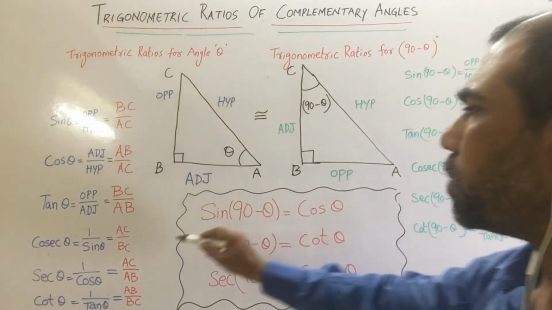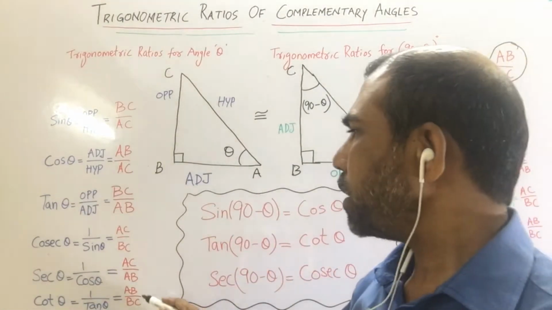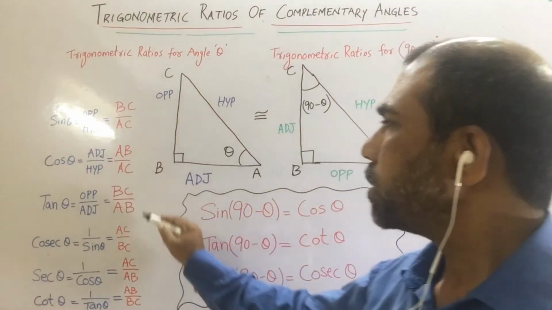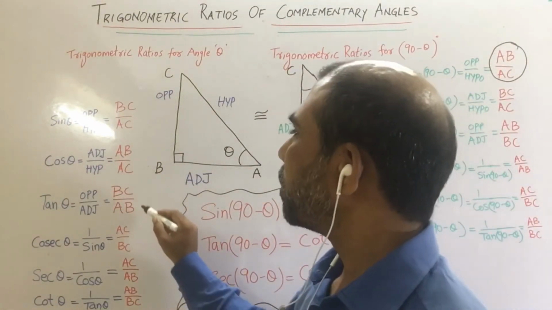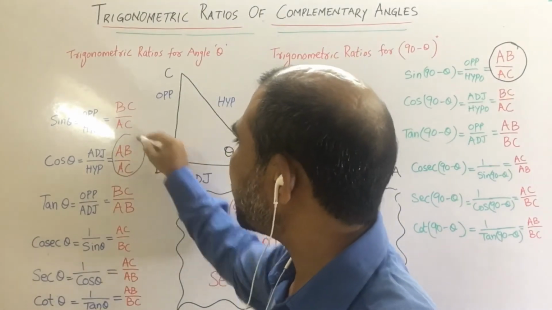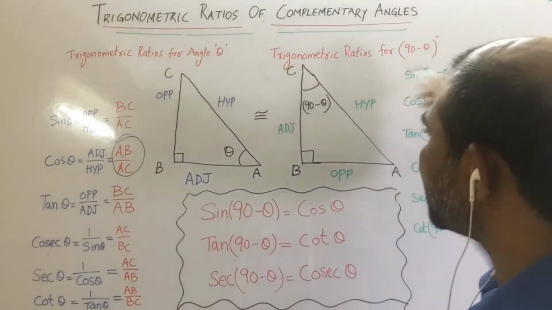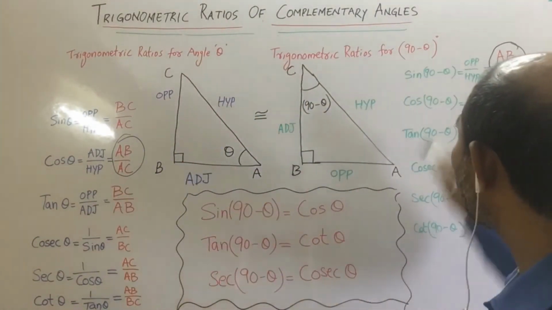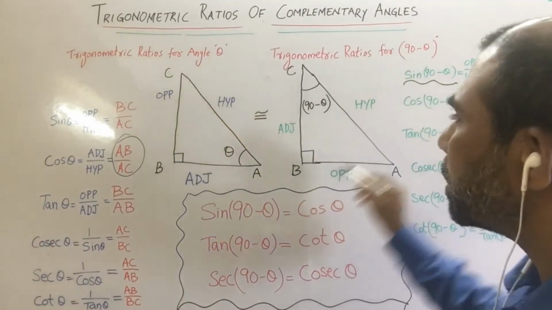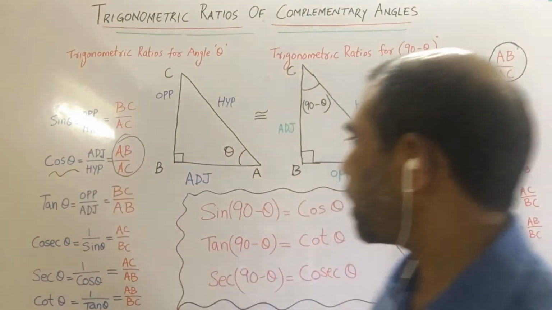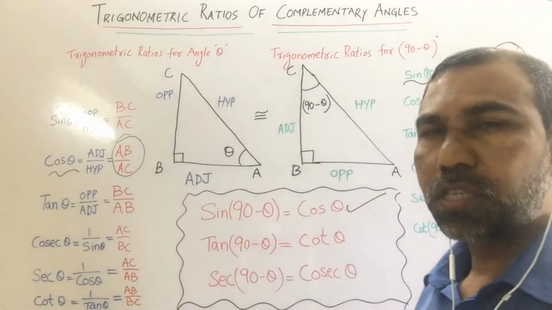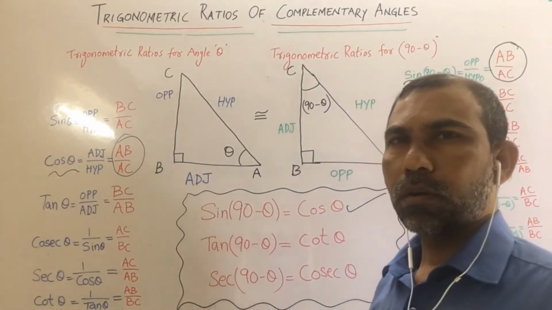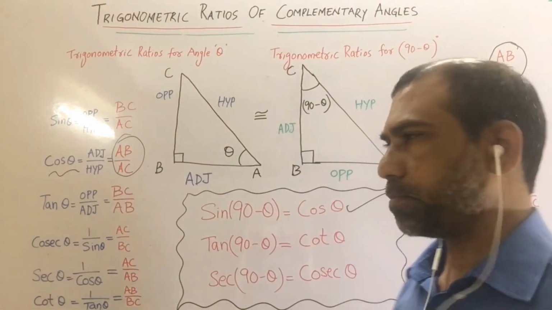That is the same thing you can see in cosine theta, AB over AC. That means sine 90 minus theta is nothing but cos theta. That is, sine 90 minus theta is cos theta, which is one of the trigonometric complementary angle functions.